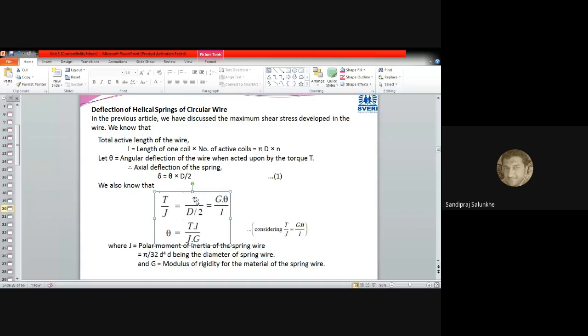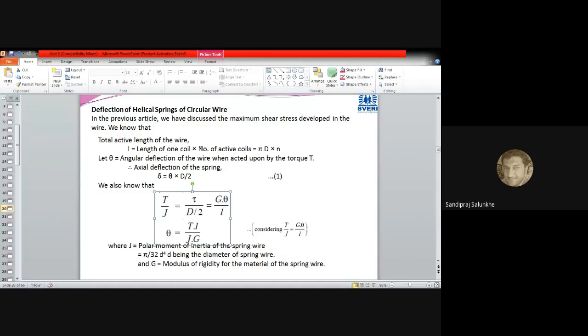And this tau we are going to consider as torsional rigidity: shear stress divided by deflection is equal to modulus of rigidity. Am I right? So tau is equal to G into theta divided by the total length of this wire.